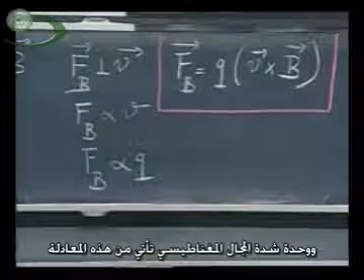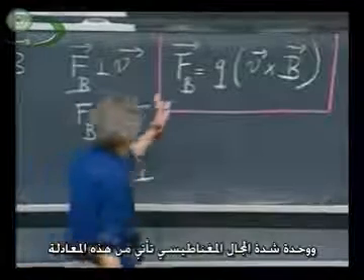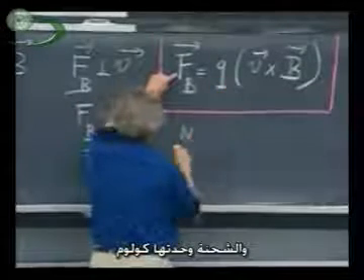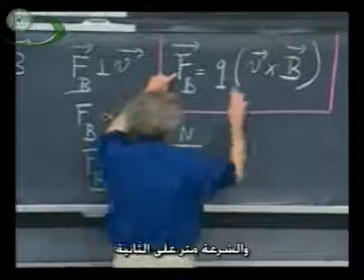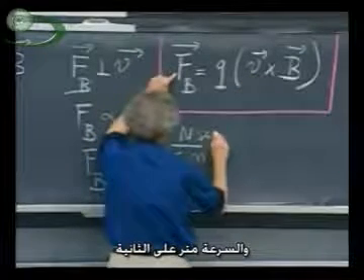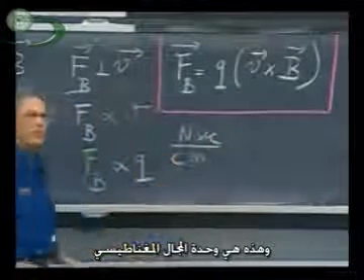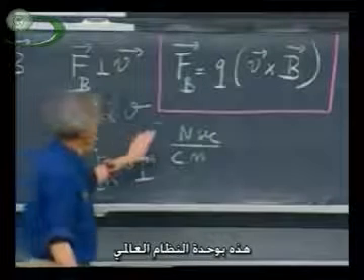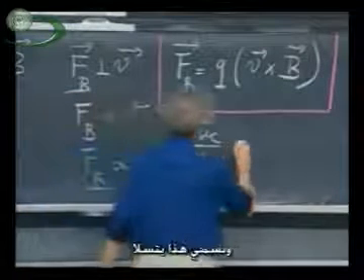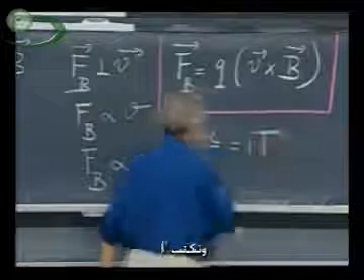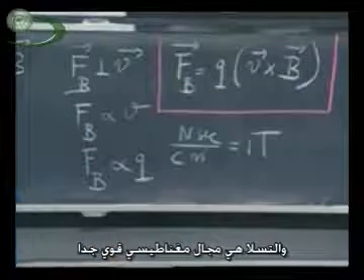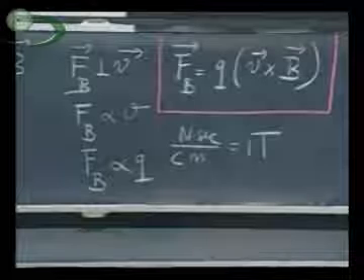The unit for magnetic field strength follows from this equation. F is newtons, Q is coulombs, and v is meters per second. So this would be the unit for magnetic field strength, but no one would ever say that. In SI units, we call that 1 Tesla, for which we write 1 capital T. A Tesla is an extremely strong magnetic field.